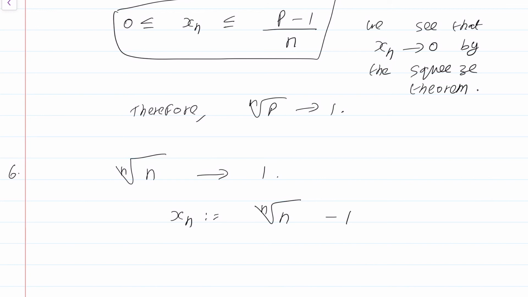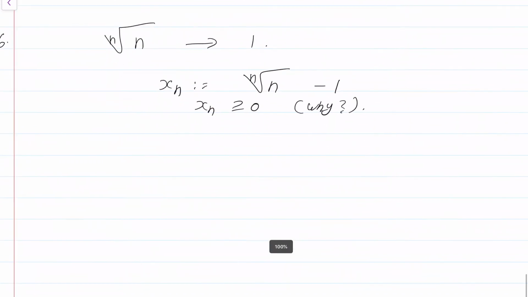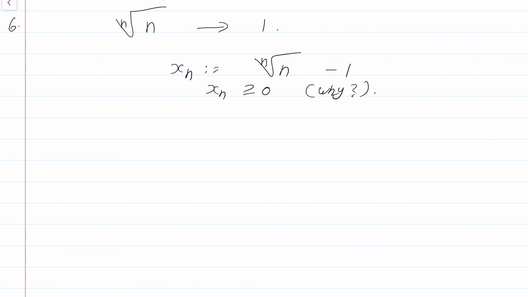Again, xn will be greater than or equal to 0, and I want you to think about why this is true. Now n will again be equal to 1 plus xn the whole power n.